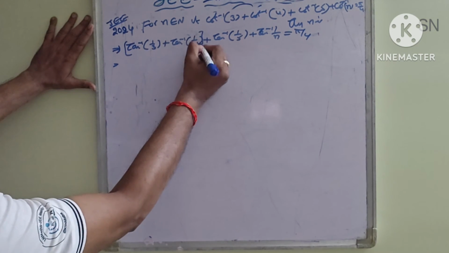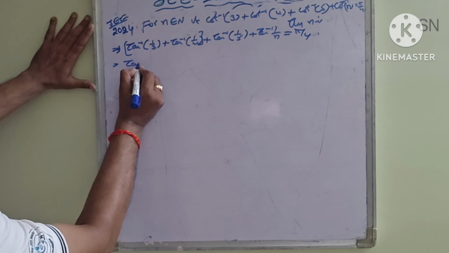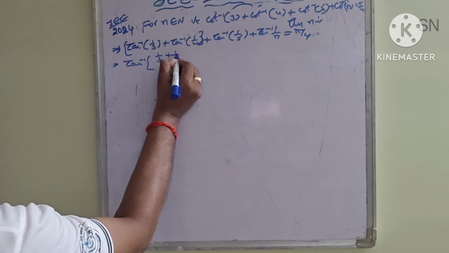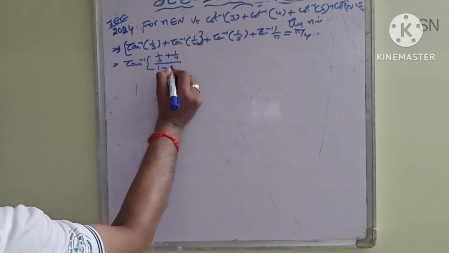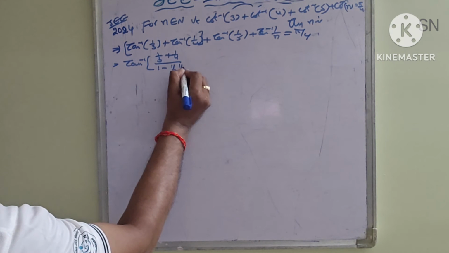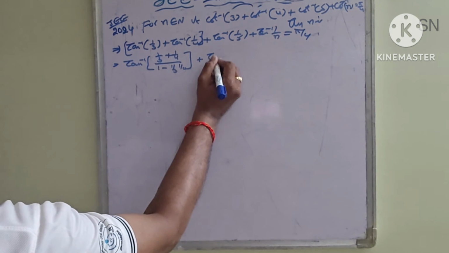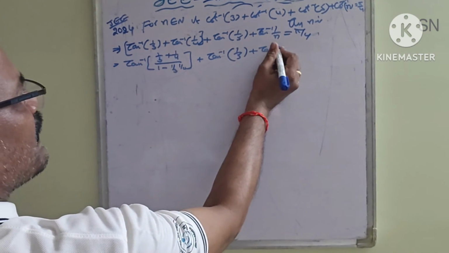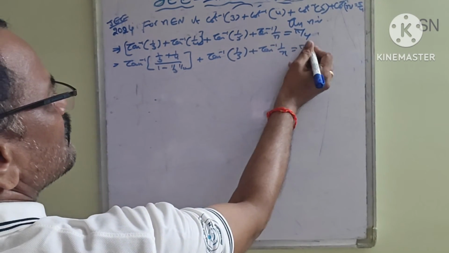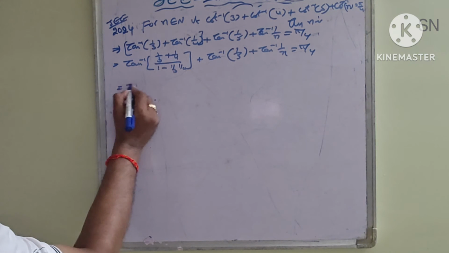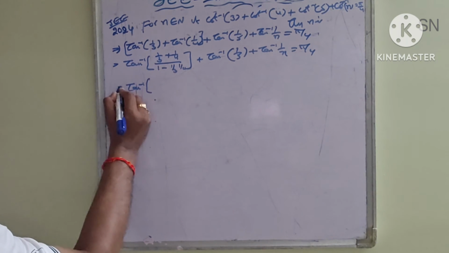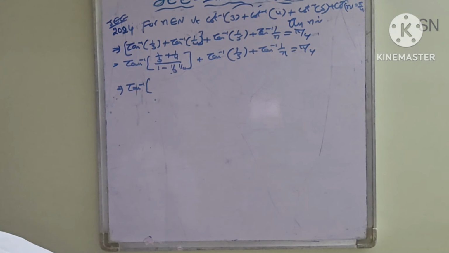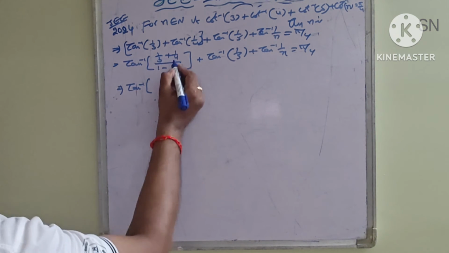So this is the formula. Now tan inverse of 1 by 3 plus 1 by 4 over 1 minus 1 by 3 into 1 by 4, plus tan inverse of 1 by 5 plus tan inverse of 1 by n is equal to pi by 4. Now tan inverse of, so here the LCM is 12, here also the LCM is 12, both 12 get cancelled.